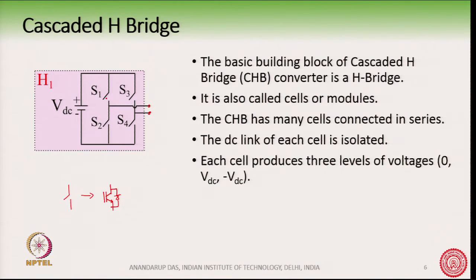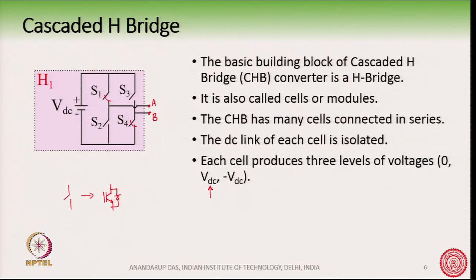For example, if S1 is turned on and S4 is turned on, and this voltage I call VAB, then VAB will be equal to plus VDC. In this case, VAB is plus VDC.